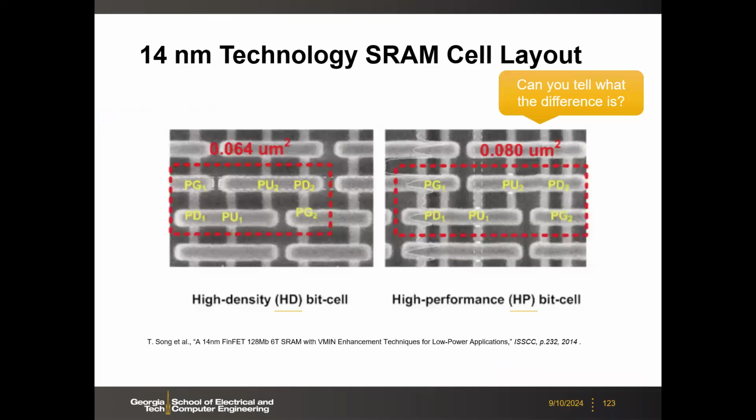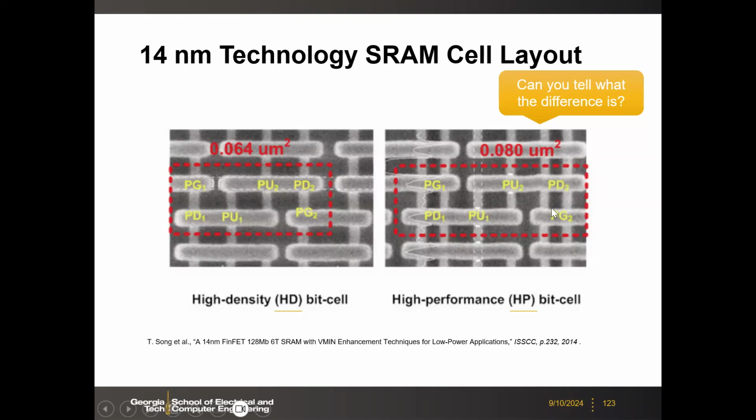Okay. So here again, this is another image for the high density SRAM cell and high performance SRAM cell. And you can tell that the high density cell is always 111, right? 111.